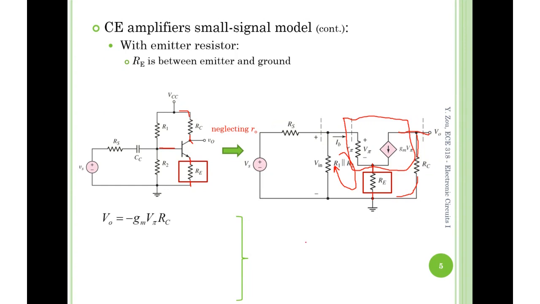First, this is the easiest one, the output equation, Ohm's law. The current flows through RC itself, and you have a negative sign there.